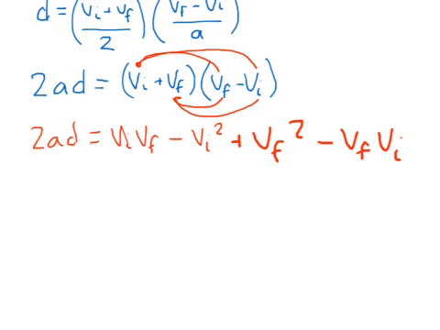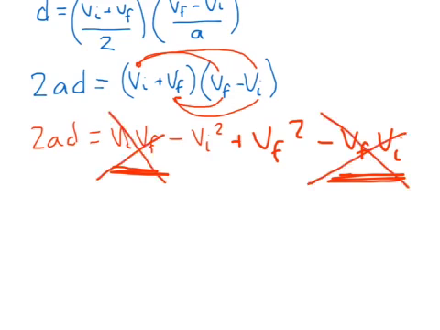Now, these terms are the same, this term here, minus Vf Vi, and this one, Vi times Vf. It doesn't matter the order of the terms. One of them is positive and one of them is negative, so that's going to cancel out. And that leaves us with all of the parts that we need for our equation.